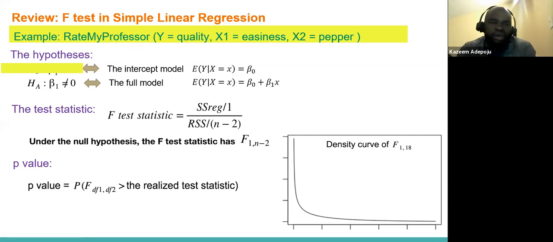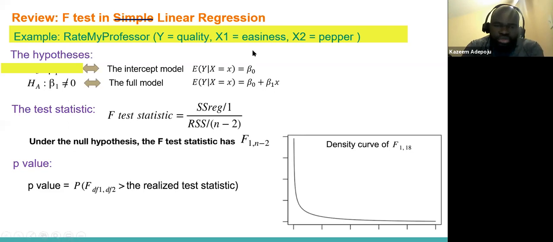But this time around, Y is going to be quality, that is the response. Of course, we have two predictors. X1 is easiness, and X2 is pepper. This means we are likely going to be fitting a multiple linear regression.